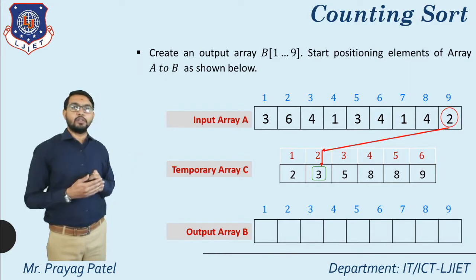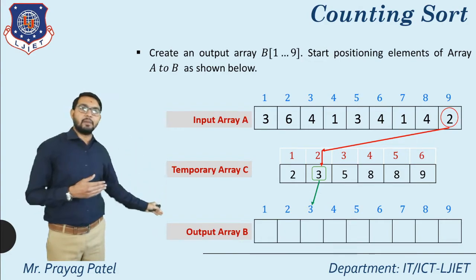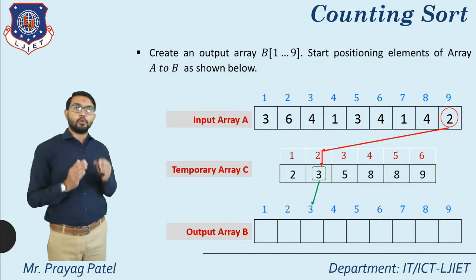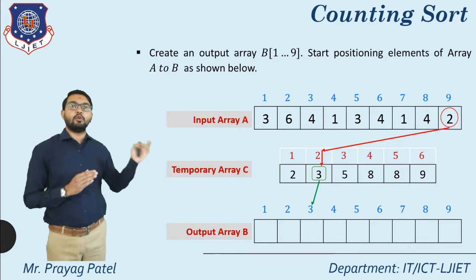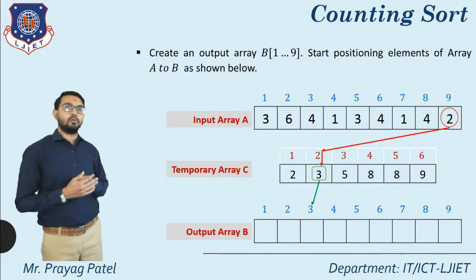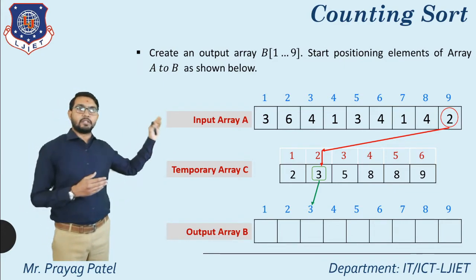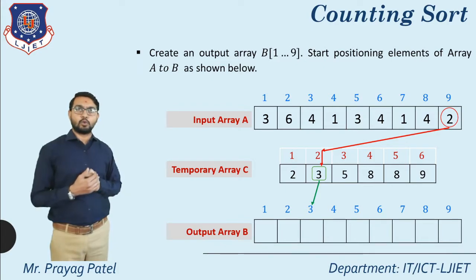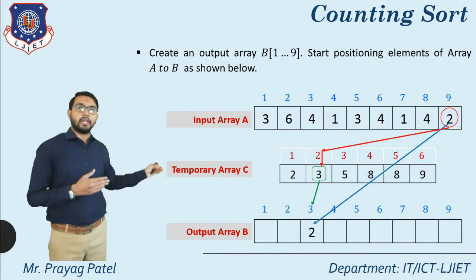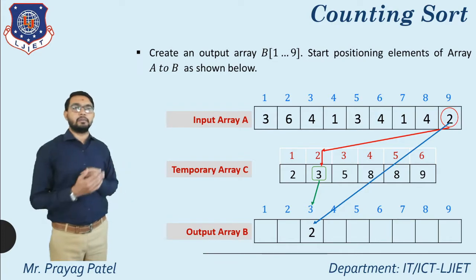Now the value in array C is 3, so consider location 3 in array B and put the A of I value into the B of J value. Here A of 9 is 2, and we put the value 2 in location B of 3.